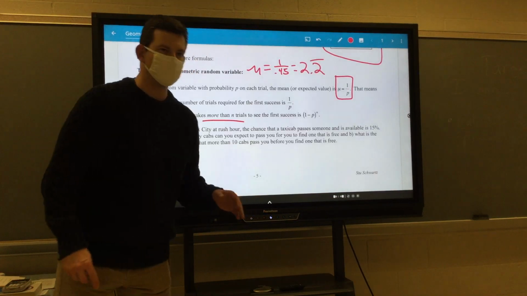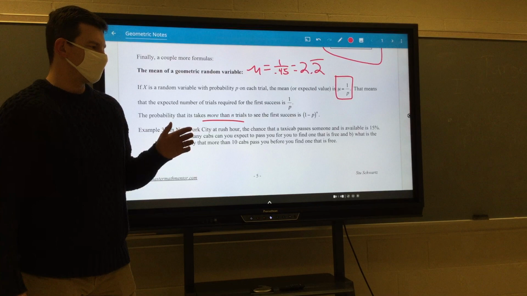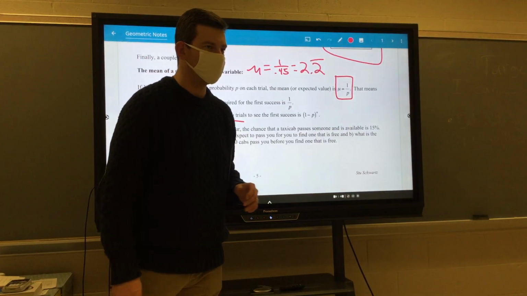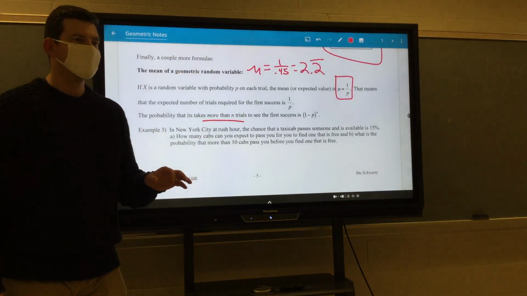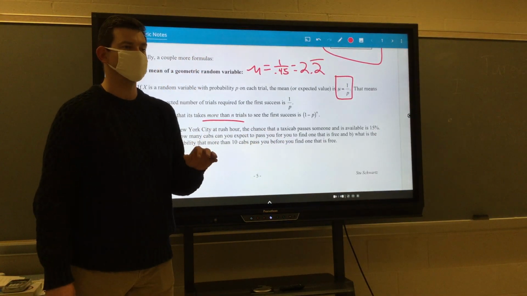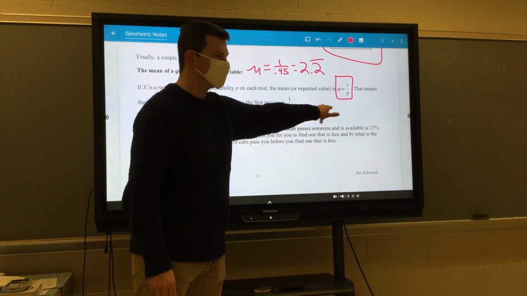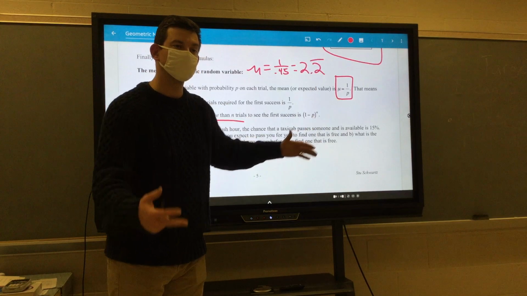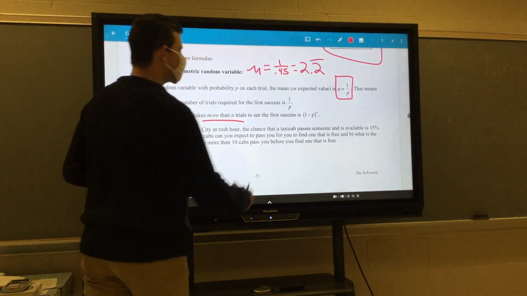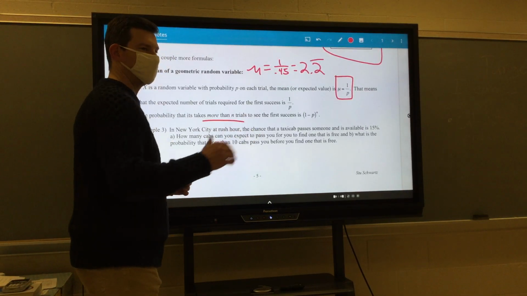We're not saying that our first success occurs on the 8th or 9th or 10th trial. We're just saying that we have 7 trials in a row where we were unsuccessful. Probability of failure raised to the 7th power, the number of failures in a row. This is just calculating the likelihood or the probability of getting that many failures in a row.